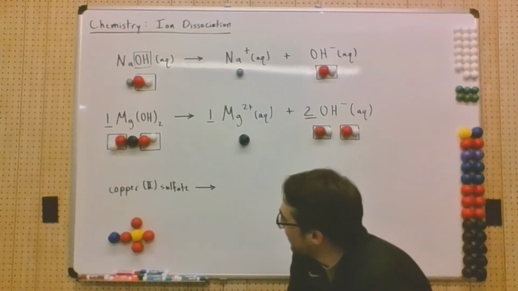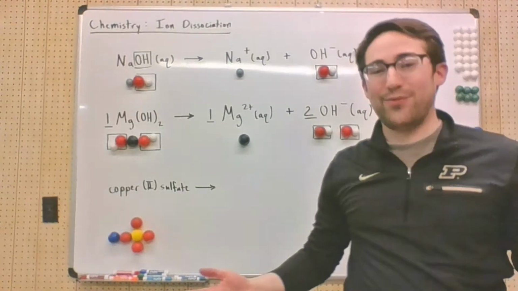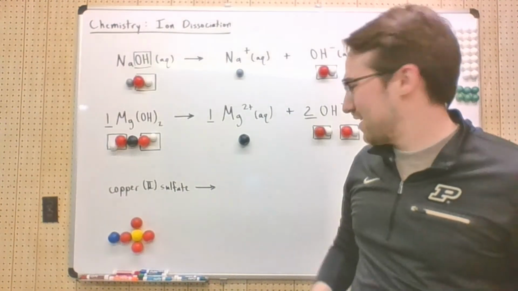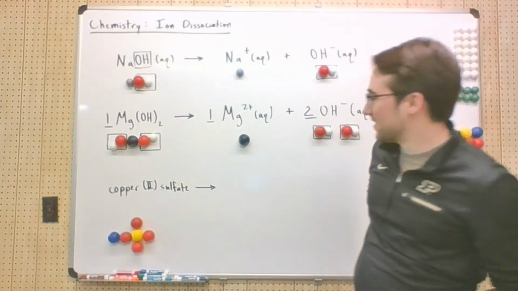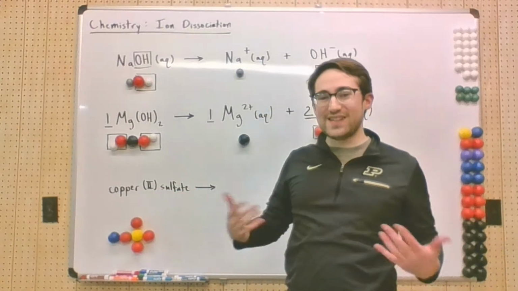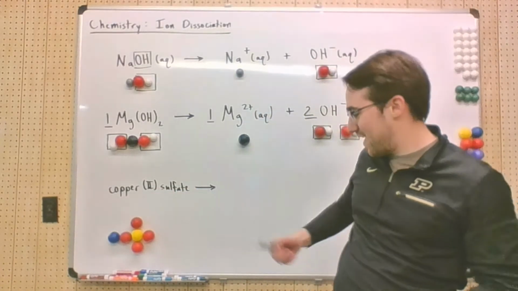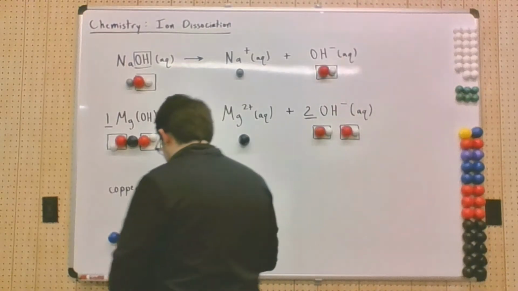Now, with magnesium or sodium, I could just go find it on the periodic table and see what the charge should be, but copper is in that middle section, the transition metals, that doesn't have a shortcut. So that's what that Roman numeral 2 is for. What that is telling me is I'm dealing with a copper ion that has a positive 2 charge.